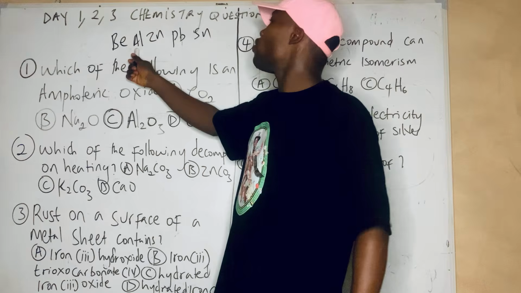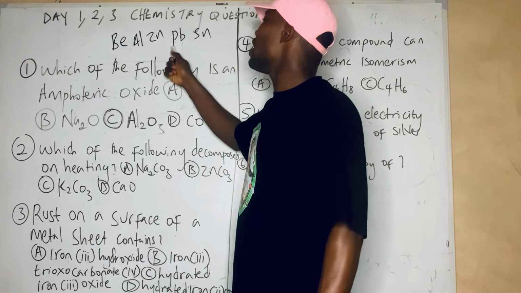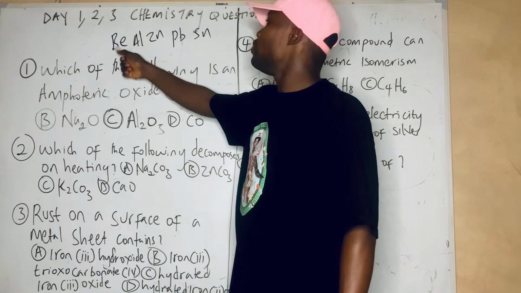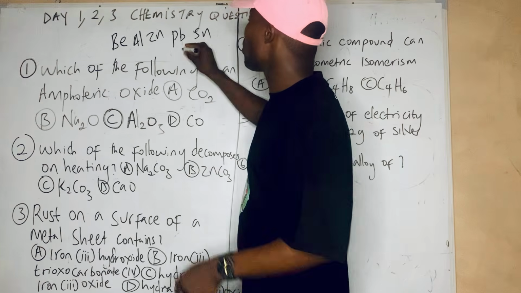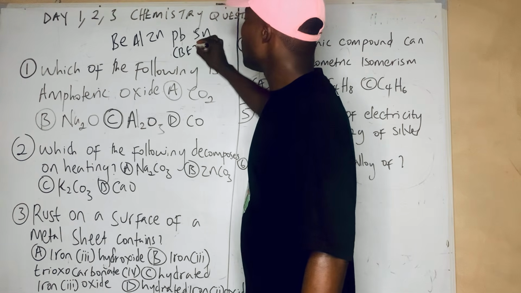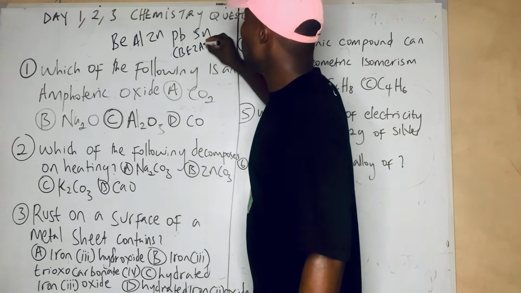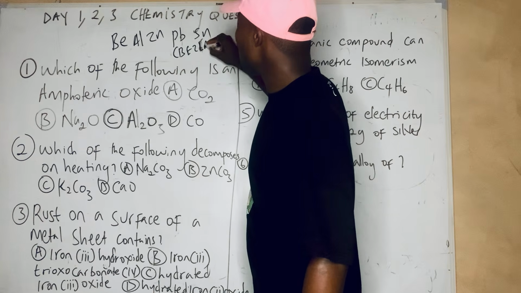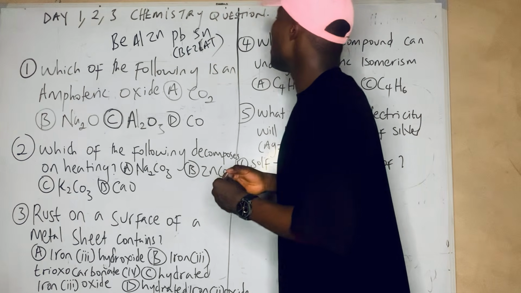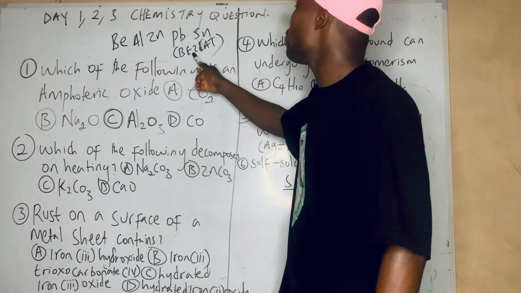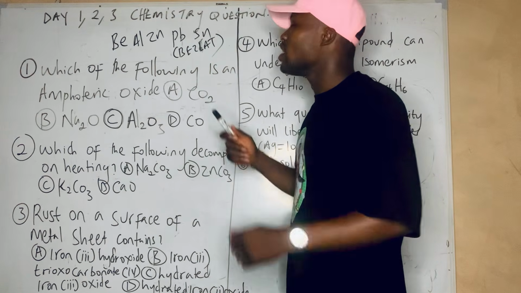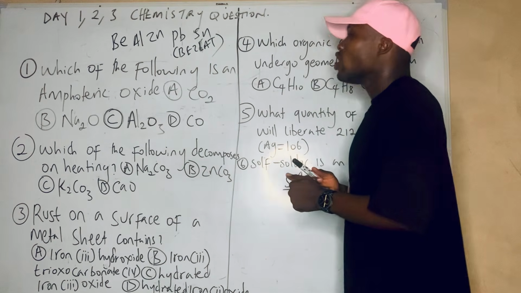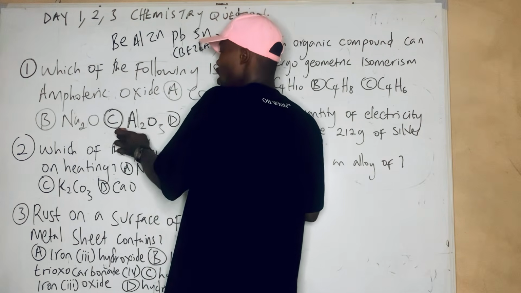So beryllium, zinc, lead, okay? The shortcut is Be Z L A T. BeZLAT, that's bismuth, beryllium, zinc, lead, aluminium, tin. Amphoteric oxide here is lead oxide.